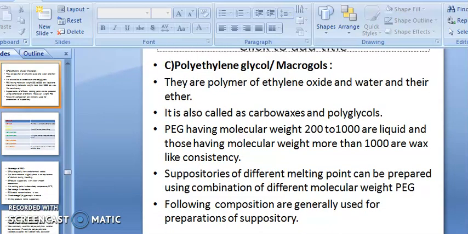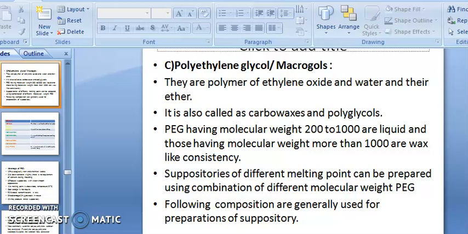Then polyethylene glycols, or macrogols. They are polymers of ethylene oxide and water and their ethers. These are nothing but PEG. It is also called carbowax or polyglycol.